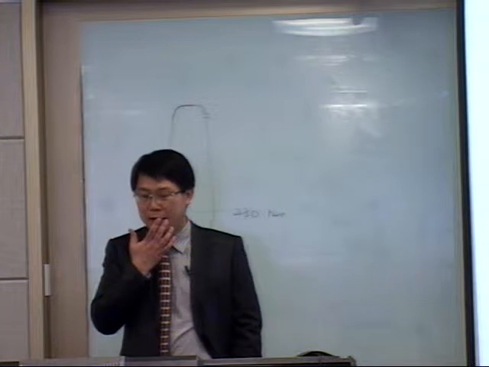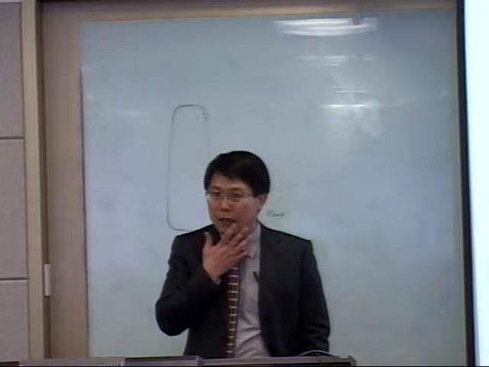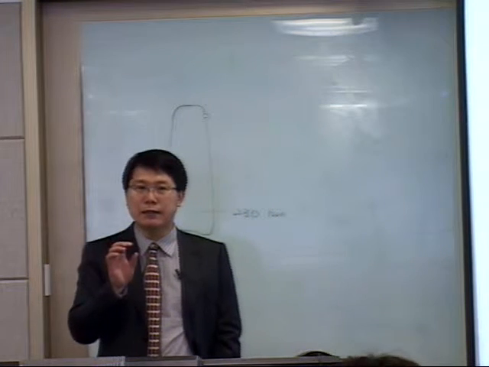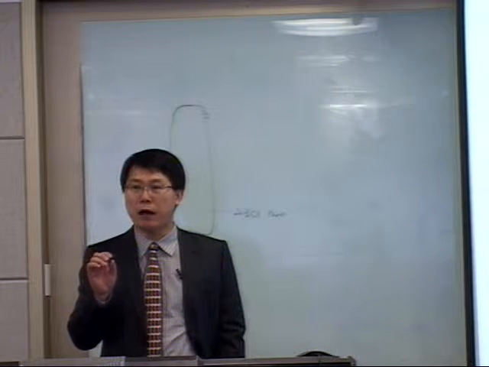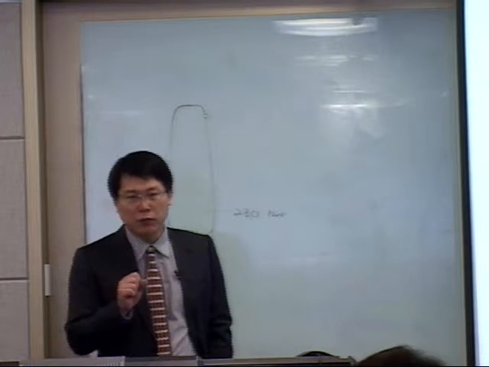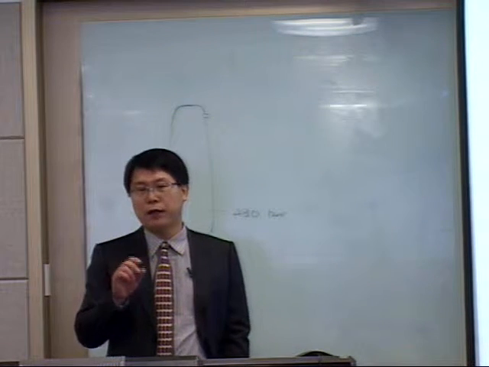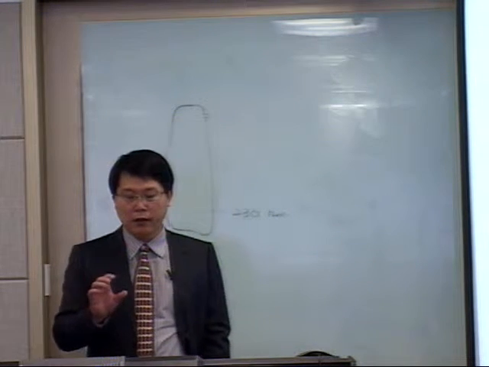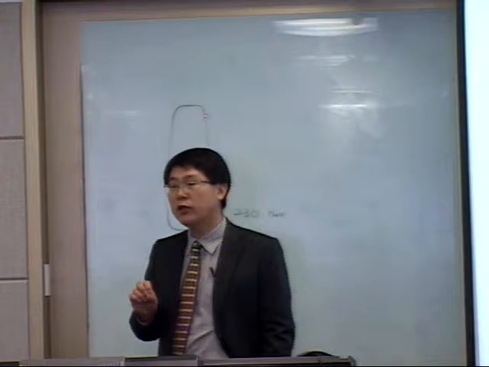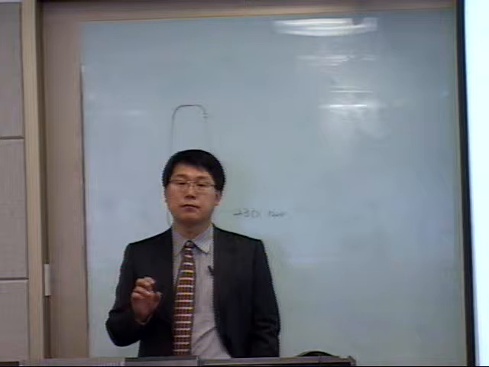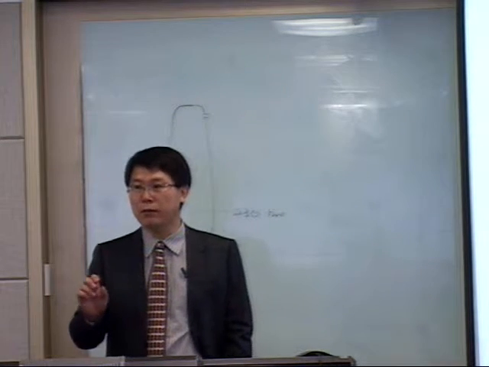Macroscopic balance, as I explained, is a black box approach, and we consider balances over a system. So the system is the black box here, and we concentrate on the boundaries, input and output streams, and overall work done by the system, and overall heat transfer into the system. That is the philosophy of macroscopic balance.